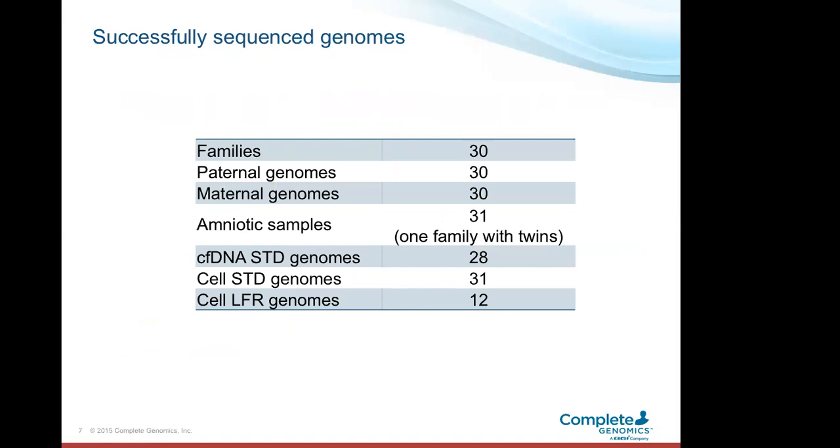Out of these 33 samples, 28 of the cell-free DNA generated successful standard genomes for sequencing, and all of the 33 cell samples provided successful standard genomes. In addition, we were able to make 12 successful LFR libraries for sequencing.